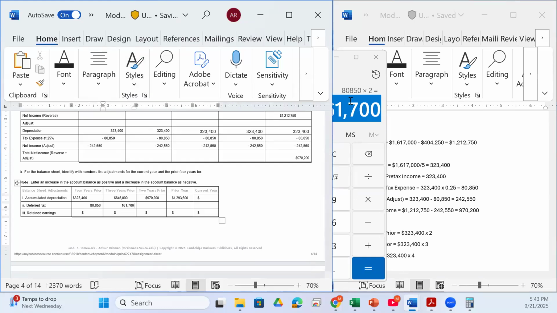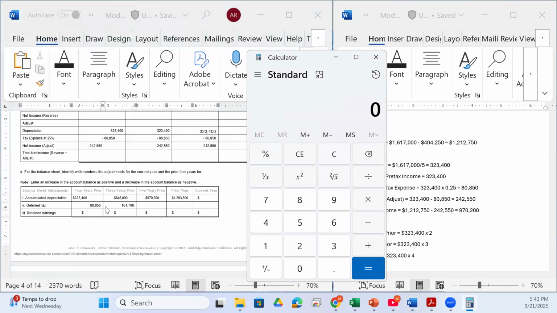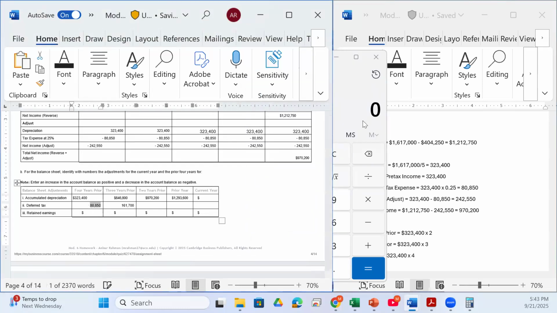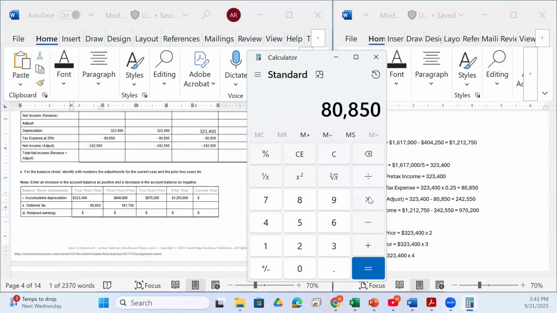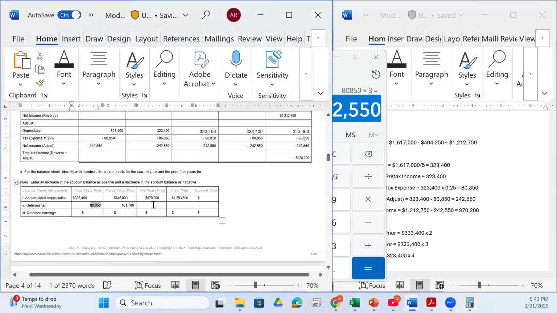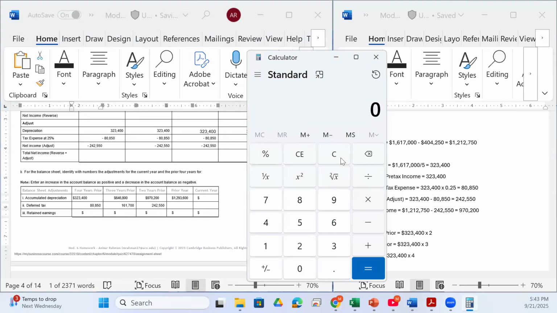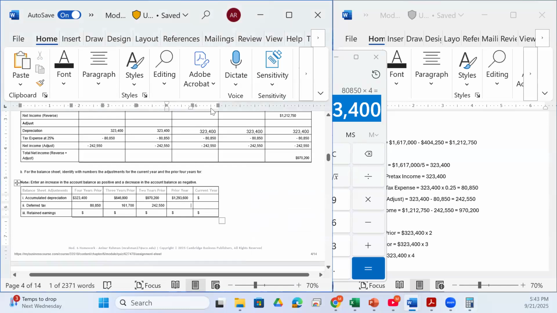And then and no adjustment necessary here.